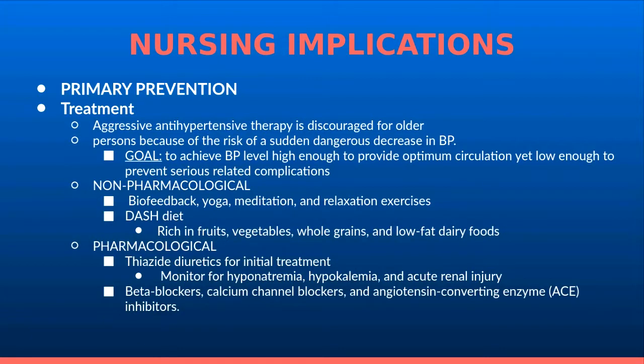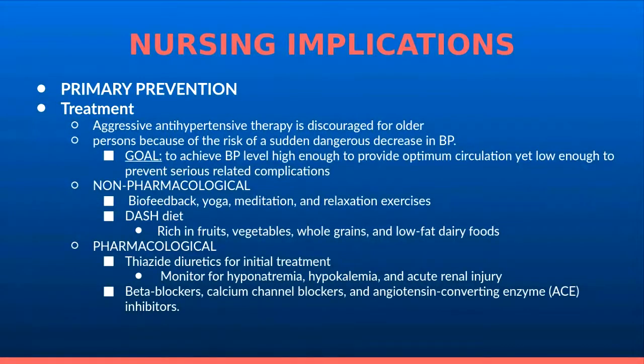The first step is always the non-pharmacological interventions, like the DASH diet and other low salt and low fat diets, exercise, even just going on walks, yoga, meditation, smoking cessation if they're smokers.